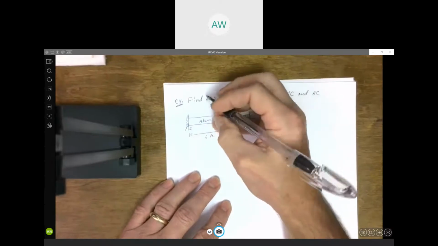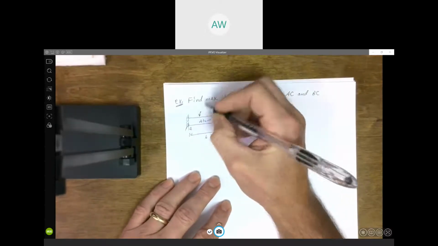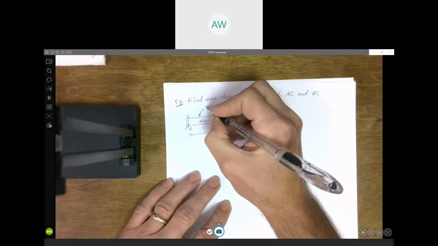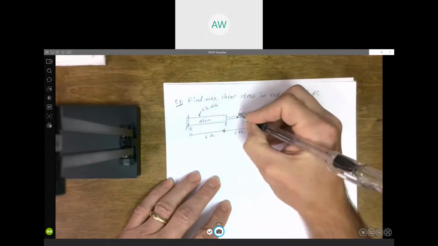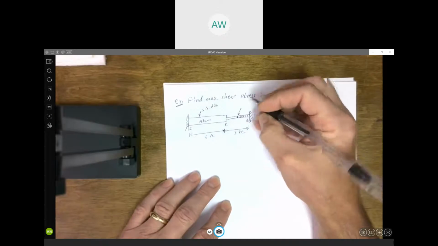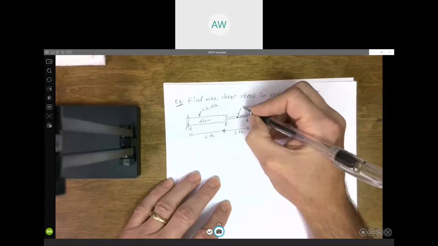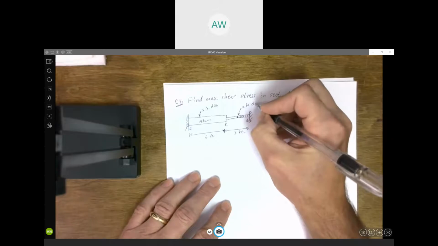The aluminum has a 3-inch diameter, and the steel is smaller, at 2-inch diameter.